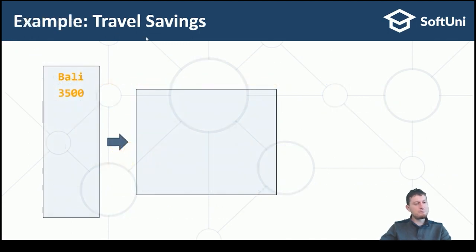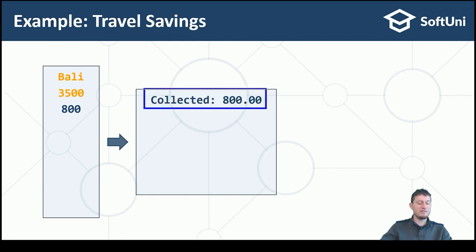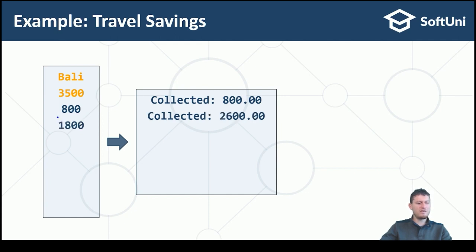So we enter Bali, and the budget for Bali is 3,500 in this example. The first savings entered is 800. So we have collected 800 starting from 0 for the Bali budget. Later, we save more, 1,800. So together, this sum is 2,600.